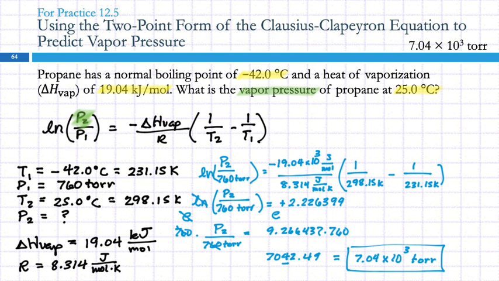The reason I use torr is because the book gives the answer in torr. You could use even inches of mercury or PSI, doesn't matter. Torr and millimeters of mercury are the same.